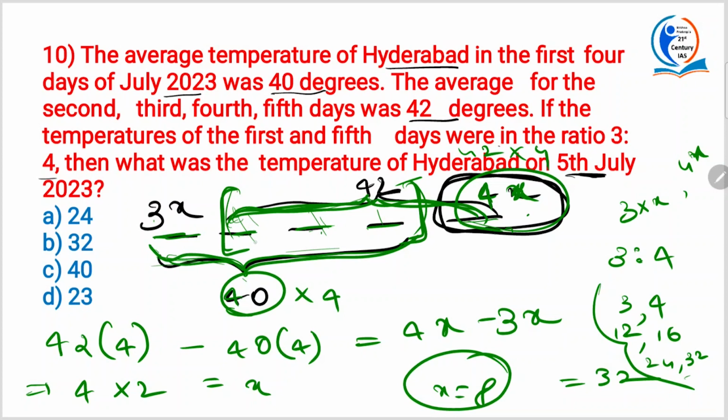This is one part, this is the other part, this part is common. So from this part, if you take this out, it will get cut. You'll be left with 4x minus 3x, the difference of temperatures, and you will get the value of x. Now the required answer is 4x. So 4 into 8 is 32. So 32 is the answer.